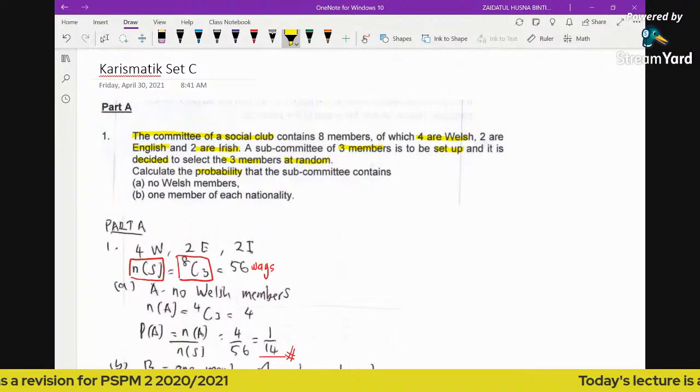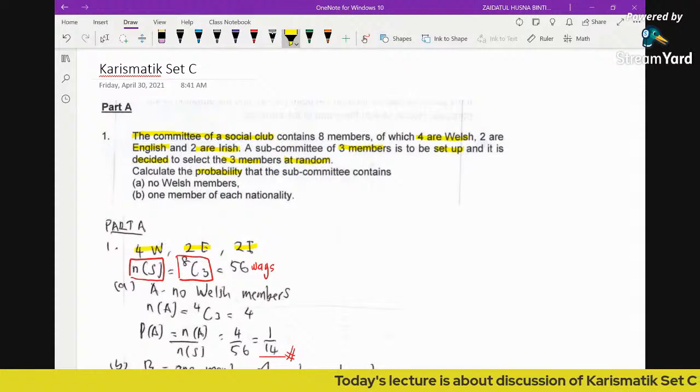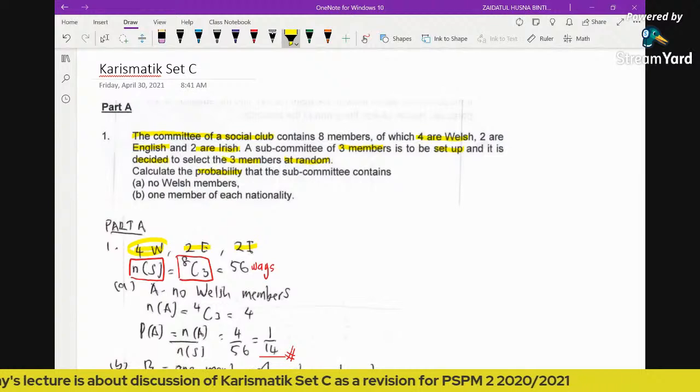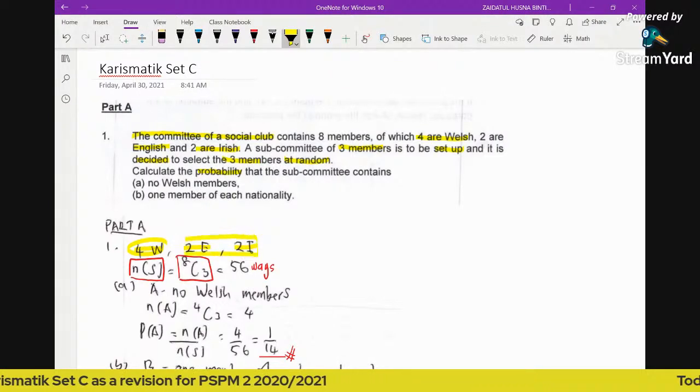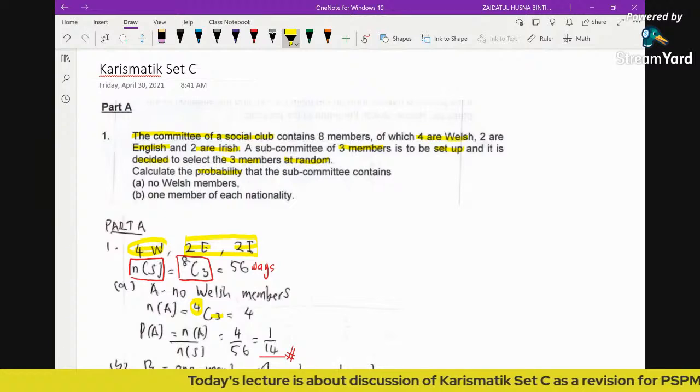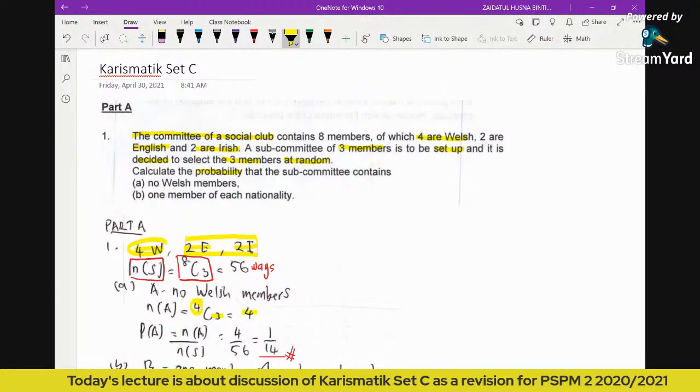We have 4 Welsh, 2 English and 2 Irish. We want to choose 3 out of these 8, provided that there should be no Welsh. So we need to exclude the Welsh members, and we are left with only 4 options, from 2 English and 2 Irish. Out of these 4 people, we choose 3 members, and the number of ways is 4C3, which is 4 ways.